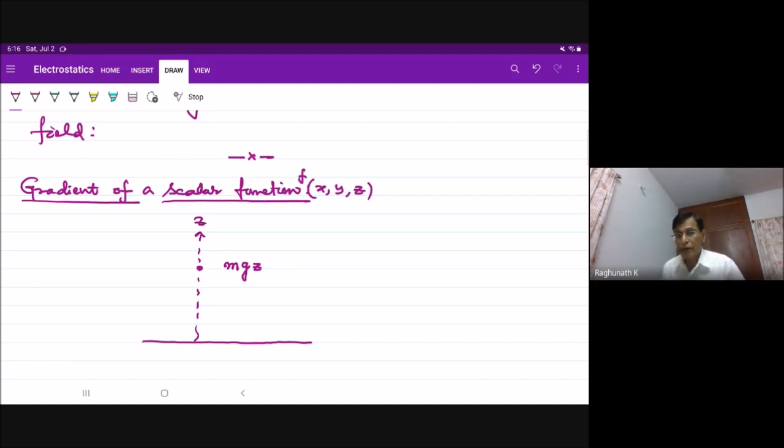Height, when I want to talk about height, it's z. At every point in the field, the weight of it is what? This is actually gravitational field force mg bar in the downward direction. This is potential as a function of z. Correct? At the point, I will move from that particular point through a distance dl.